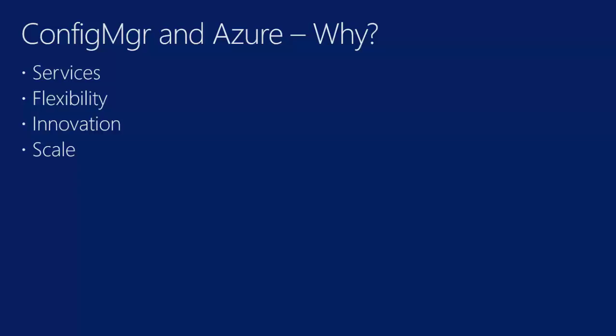You can build everything for ConfigMgr and management in Azure and just keep it there, or you can do a hybrid where you have some components in Azure, some components on-prem, and on we go, right? So great flexibility. The thought also is, many organizations will have virtual machines in Azure. Well, those virtual machines need to be managed as well, and so being able to have ConfigMgr support Azure, able to reach out and manage those machines, is just a good thing, right?